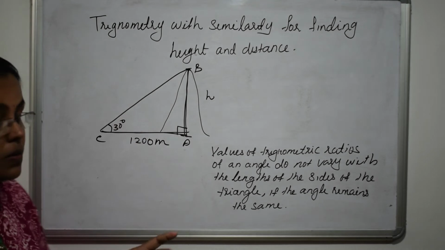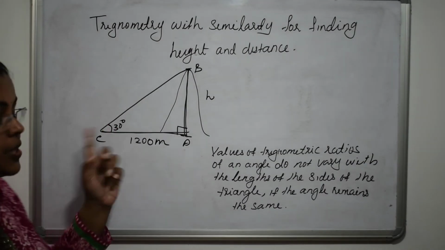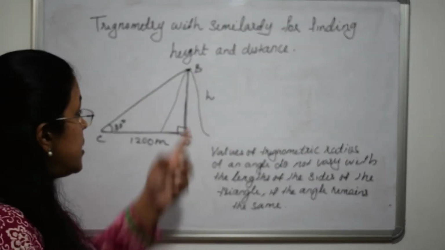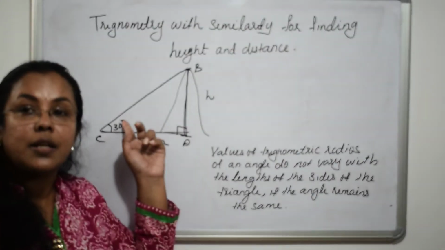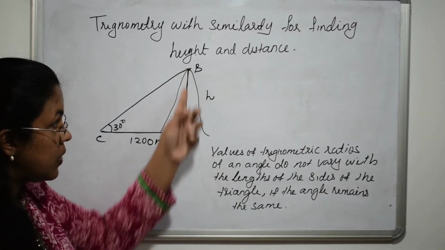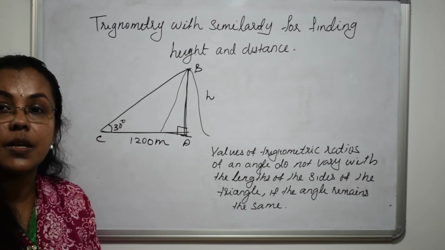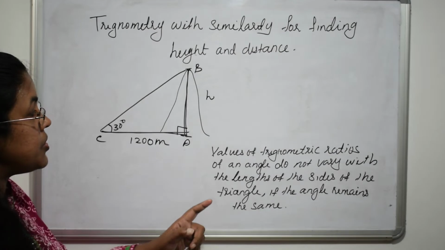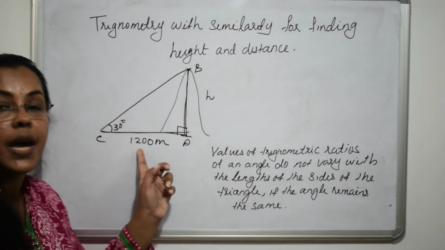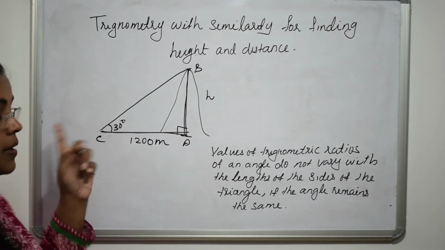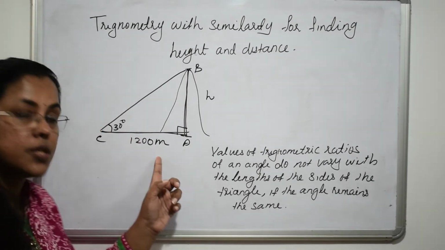How? We know trigonometric ratios connect the ratio of sides to its angle. We want to calculate the height. This side length is given. Which trigonometric ratio connects these two sides with this angle? Because this is known and this is known.